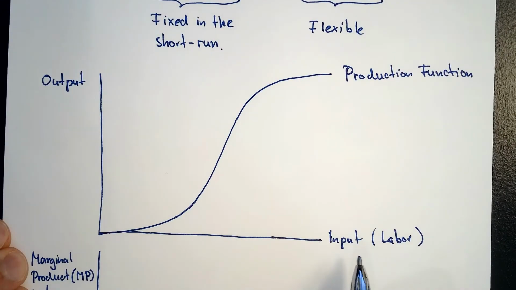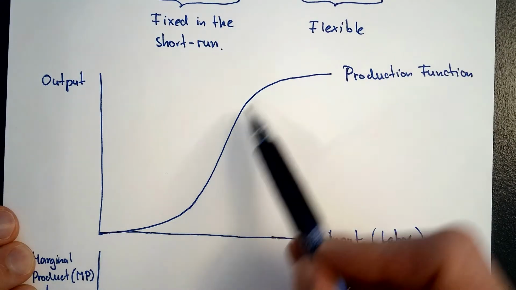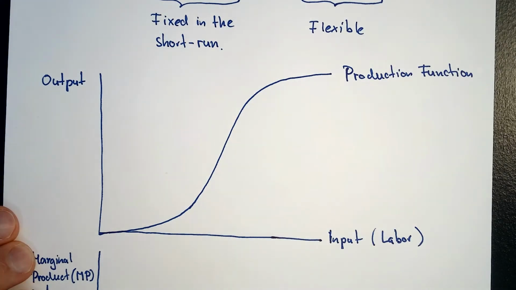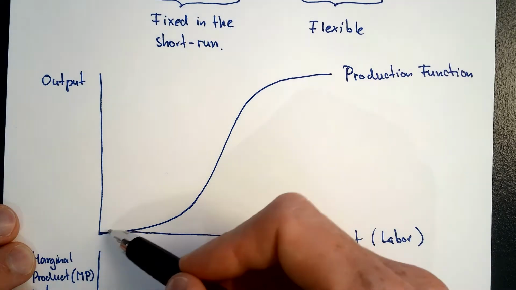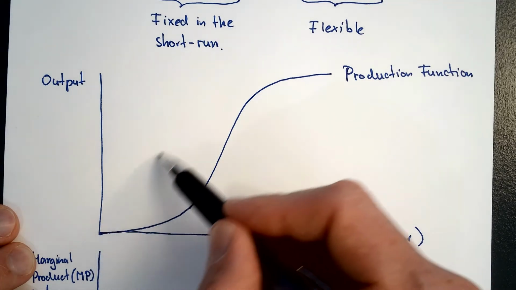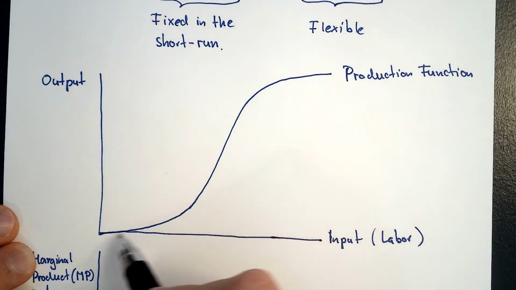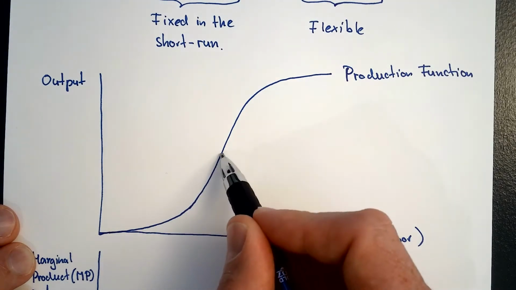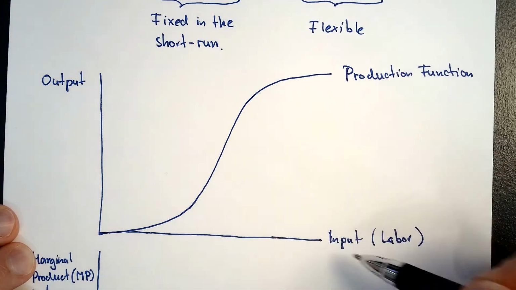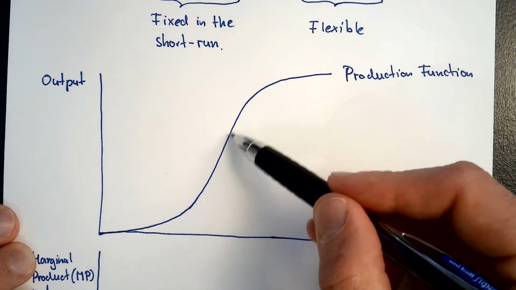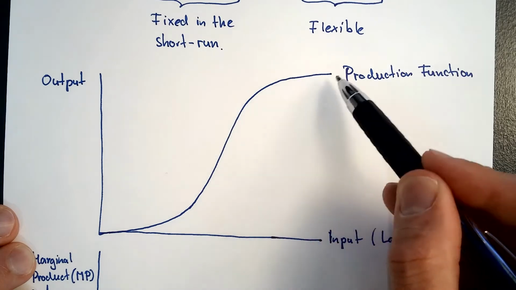Now here I have drawn a production function, and note that it is slightly different from what we have seen before, in the sense that it is not bowed through the entire range of inputs. We actually have increasing returns to scale at the beginning, for low inputs, and then we have decreasing returns to scale up here.